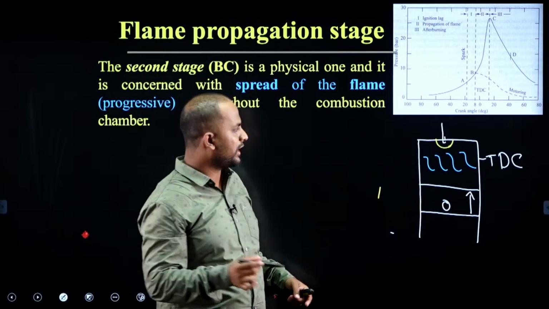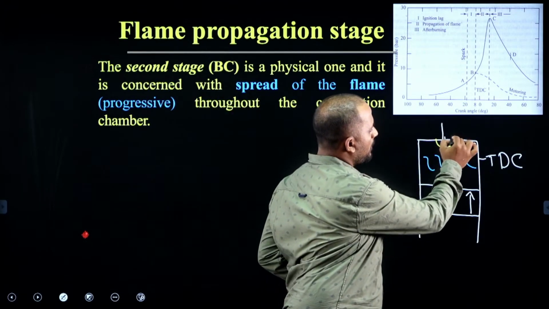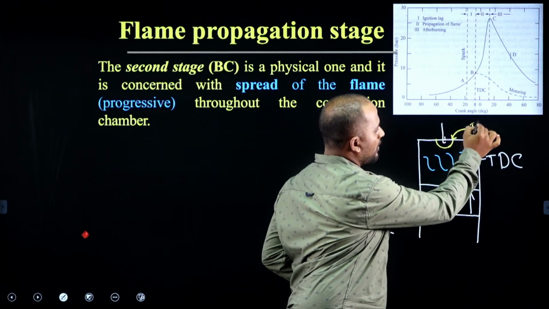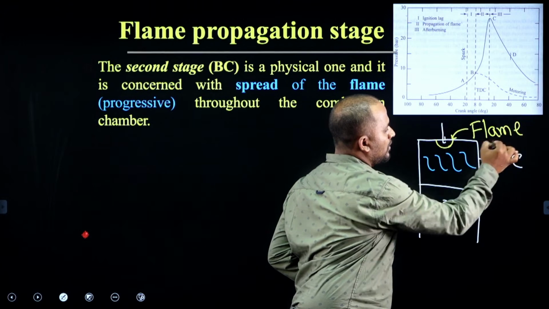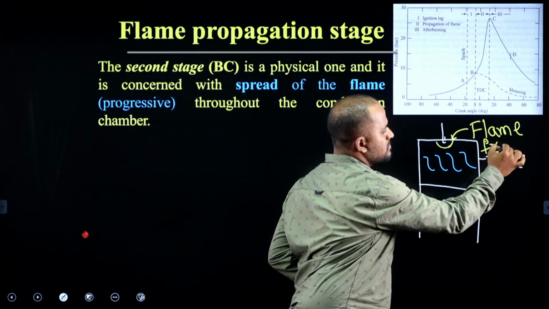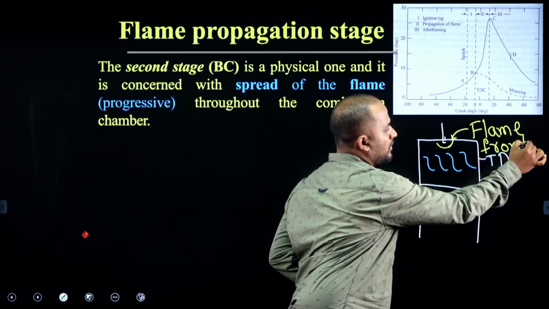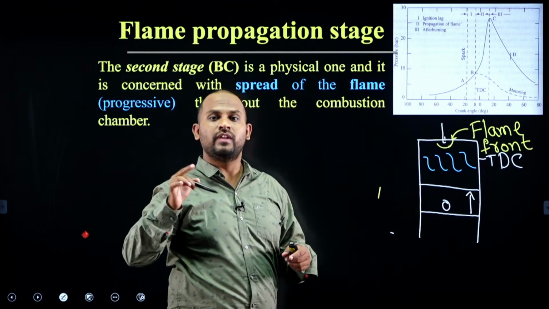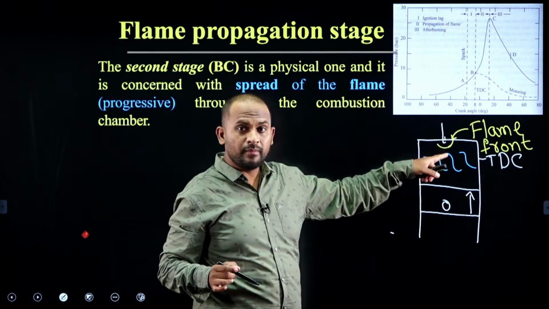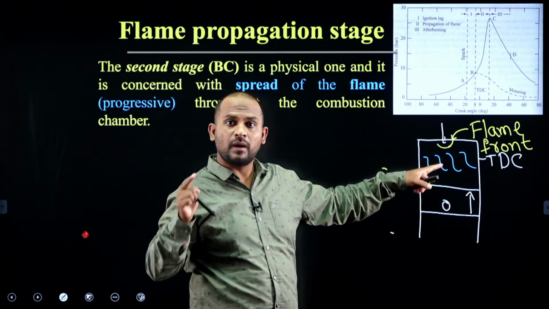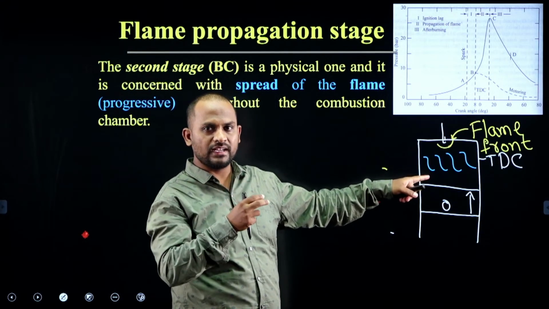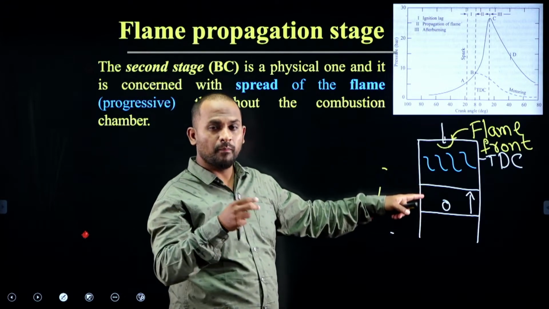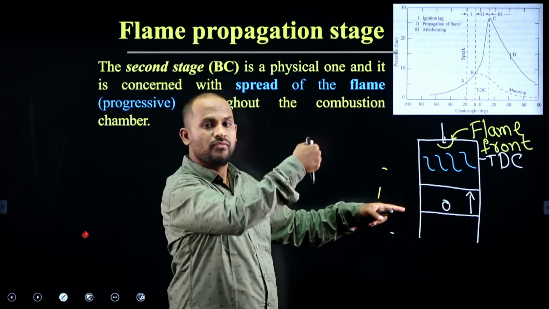And that flame is called the flame front. Now this flame is surrounded by the compressed air fuel mixture. The unburned particles will be burned by attaining the heat from the flame front.